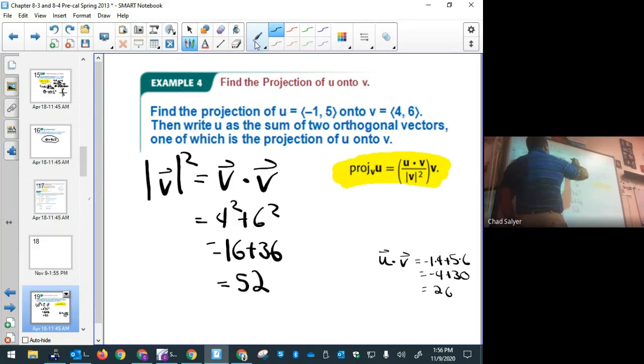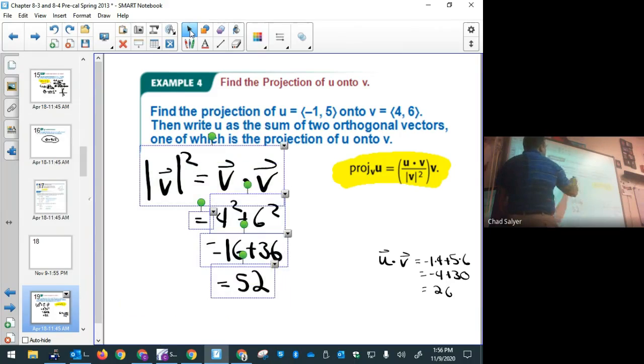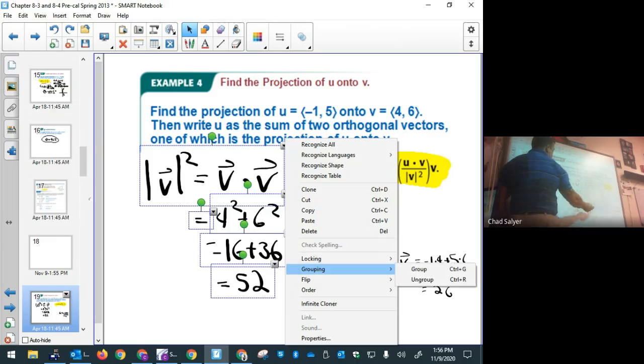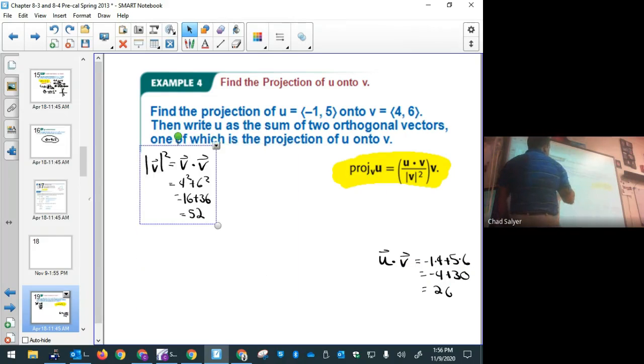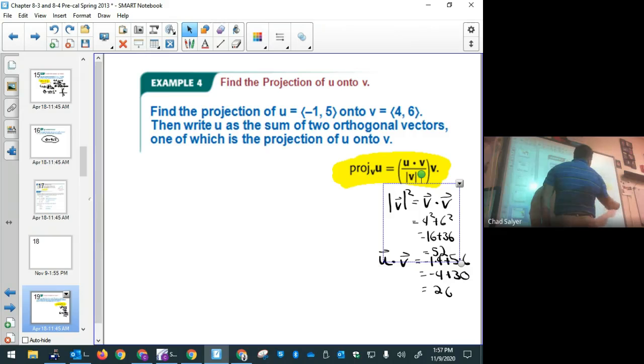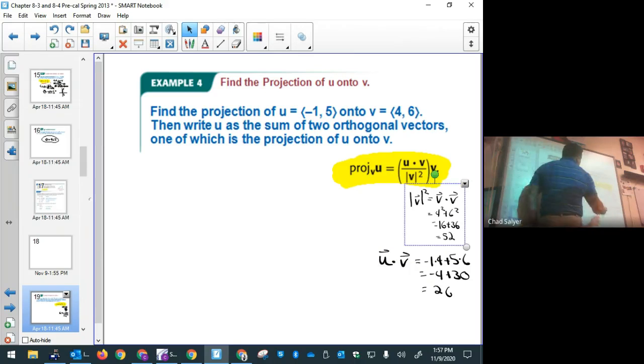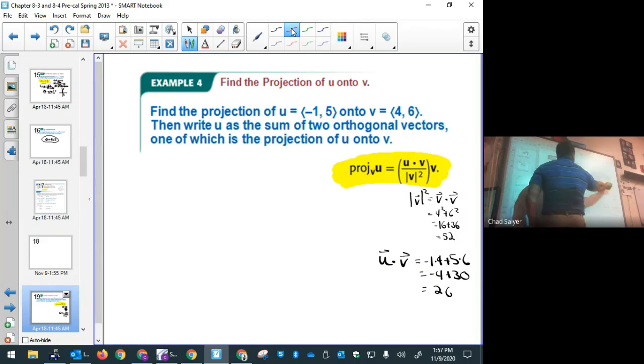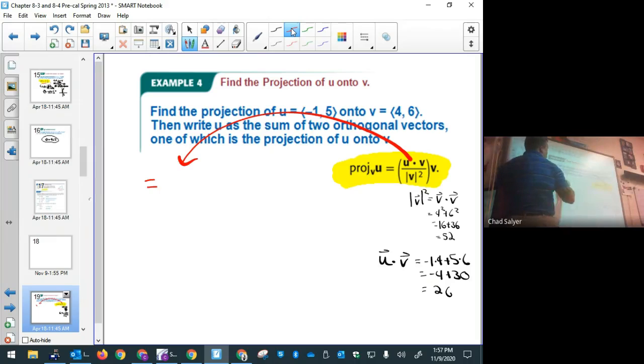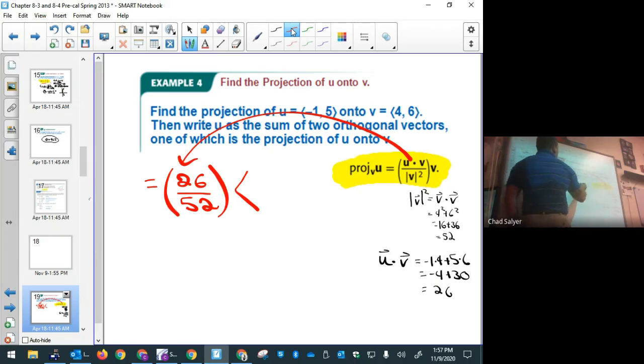So we've got a numerator, we've got a denominator. Now we're going to multiply those two in ratio form. So U dot V is 26 over 52, and that's going to be multiplied by vector V, which is... Isaac, what does 26 over 52 reduce to?